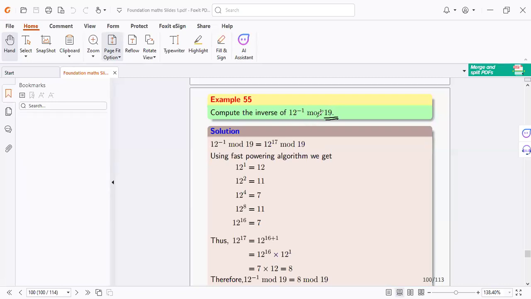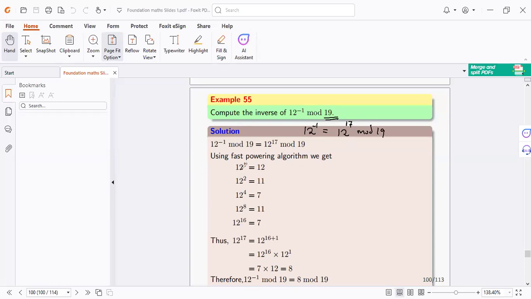Now, if it's prime, then what is the inverse of 12 by Fermat's little theorem? The inverse would be 12 raised to p minus 2. That is 19 minus 2, which is 17 mod 19. Then I use fast powering algorithm to work this out.